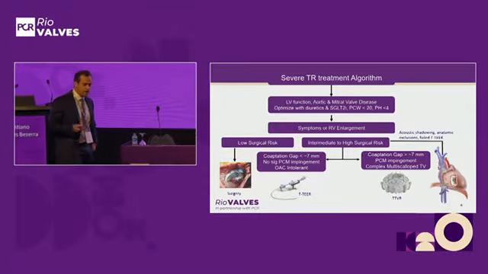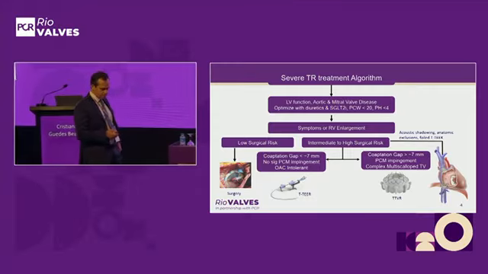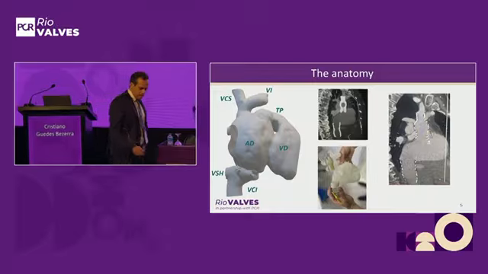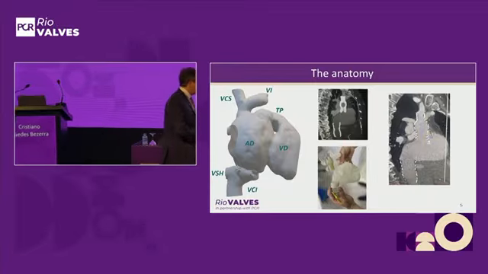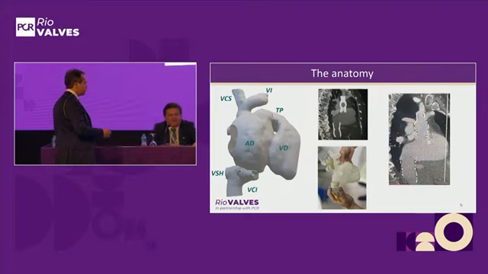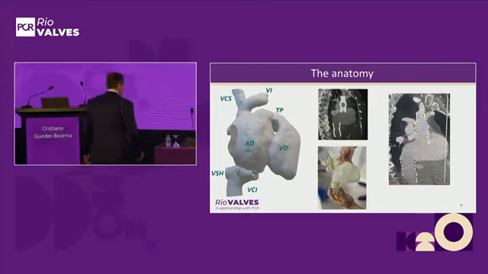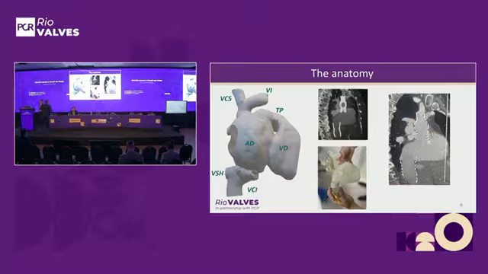In the next hour, we will discuss the heterotopic implant in detail. This is the anatomy, but Adolfo will cover that in the next minutes. So we can go straight ahead to Adolfo to see the case and discuss all that.